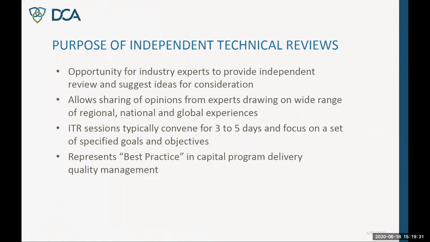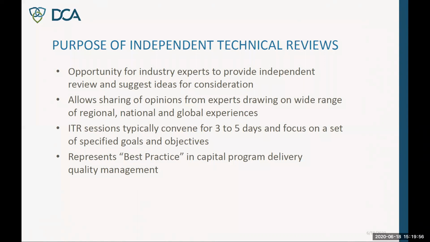So I just wanted to first remind everyone the specific purpose of these independent technical reviews and sort of tailor it to the one we had for the intakes. This is an opportunity for industry experts to provide us their independent review and suggest ideas for consideration regarding the project that we illustrate for them.